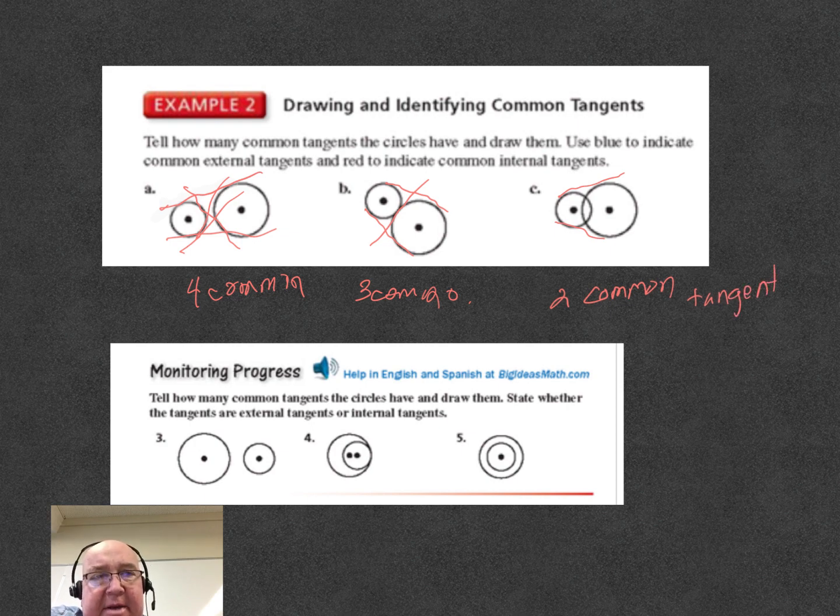Here at the bottom, again, this one will have 4, something like that. This one will have 1. That would connect, or the 2 circles intersect each other, and this one has 0.